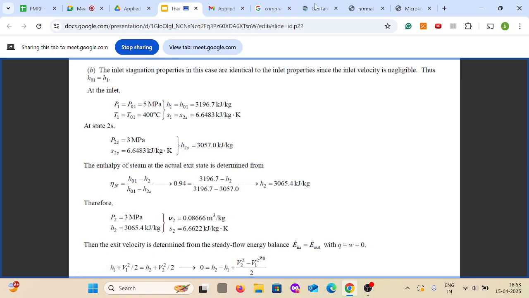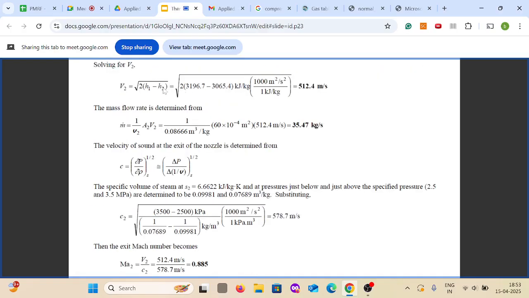Now applying the energy balance, the steady flow energy equation across the nozzle, we get again V2 as root of 2 into H1 minus H2. Substituting the values, we get velocity as 512.4 meters per second. Now we know the specific volume and the velocity, so we can find out the mass flow rate.